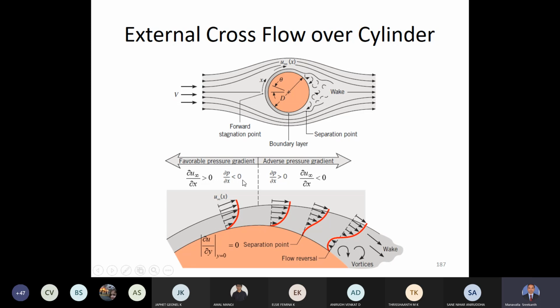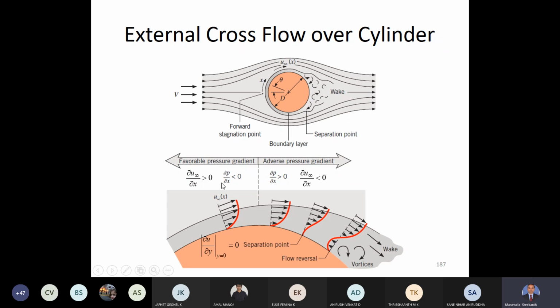Remember, flow takes place in the direction of decreasing pressure, from higher pressure to lower pressure. So that is called the favorable pressure gradient. Here we see dou P by dou X is less than 0. That means pressure is decreasing with increasing distance X. Therefore, this is a favorable pressure gradient.